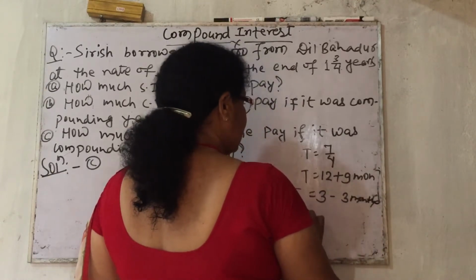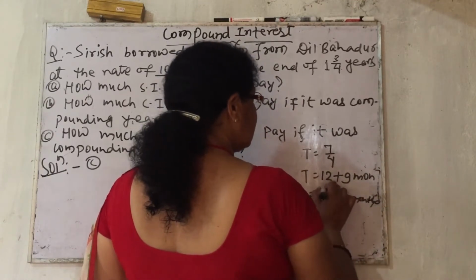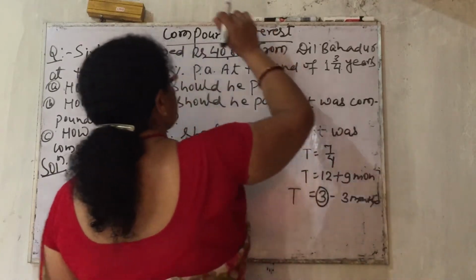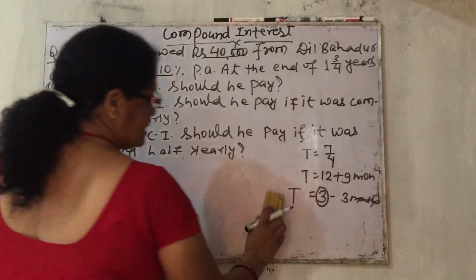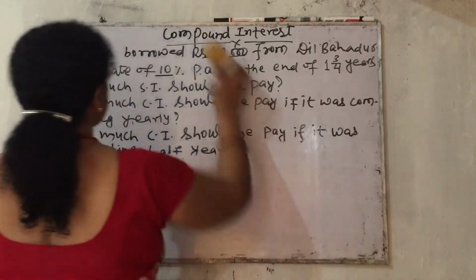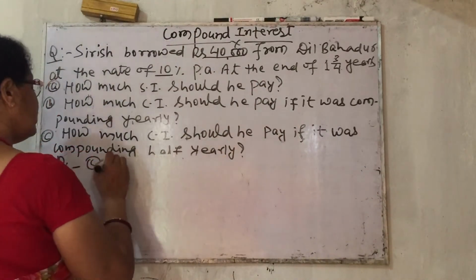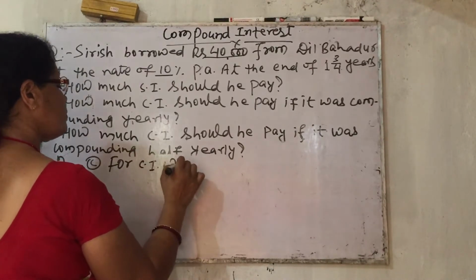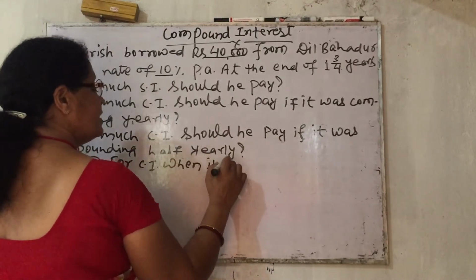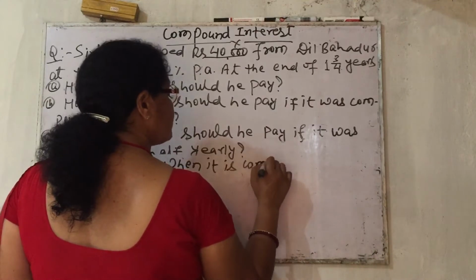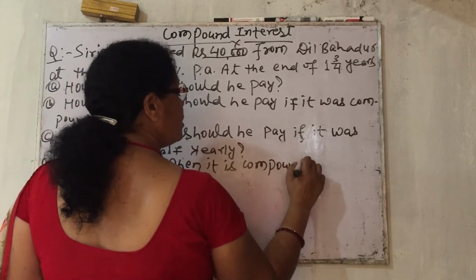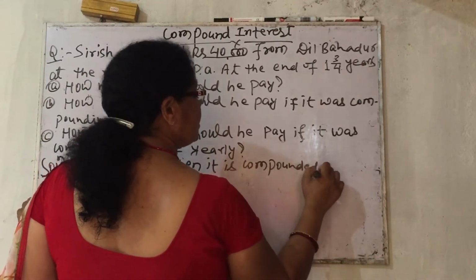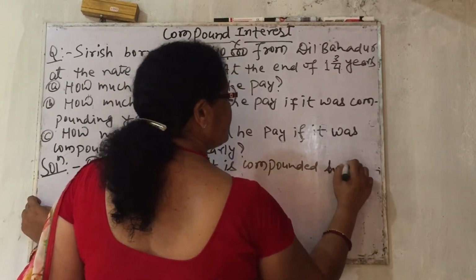Then its T will be 3 years and 3 months when it is compounded semi-annually. Then same thing we have to write down here for CI when it is compounded half yearly.